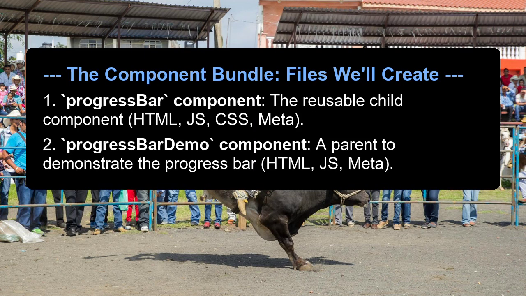The component bundle, files we will create. 1. progressBar component, the reusable child component: HTML, JS, CSS, meta. 2. progressBarDemo component, a parent to demonstrate the progress bar: HTML, JS, meta.